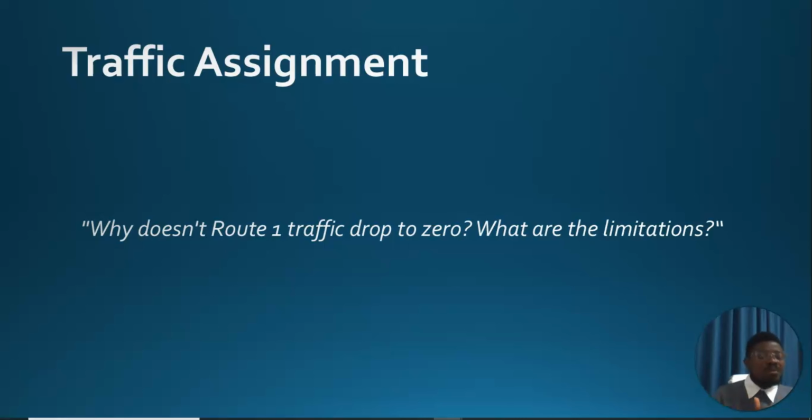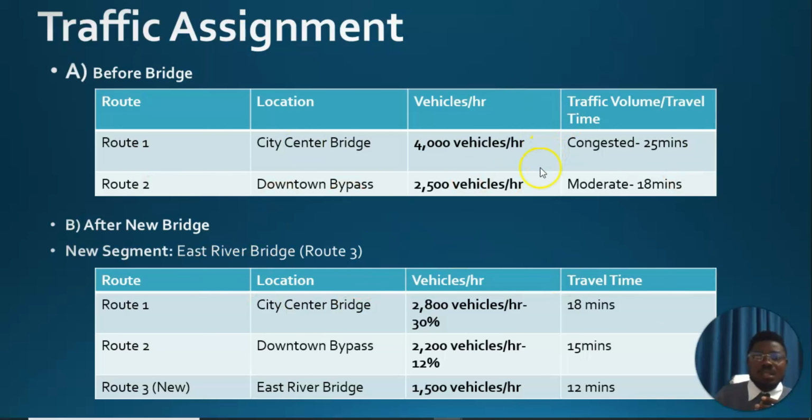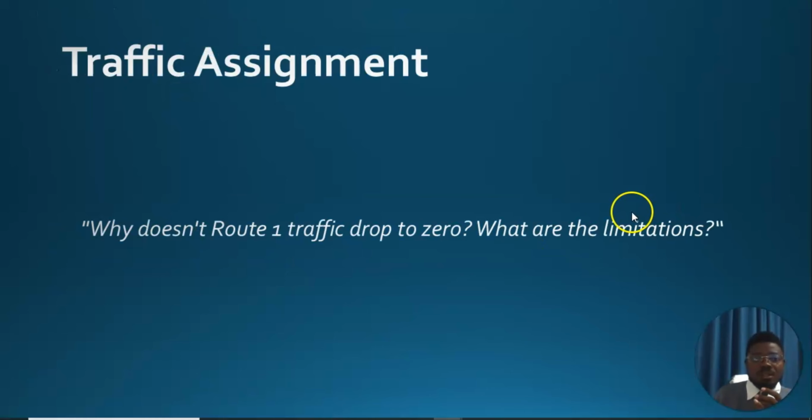That makes some of them decide to stay, knowing fully well that the traffic volume or the congestion on that road will drop. And we could see in the diagram here how it drops with the introduction of the new route, Route 3.